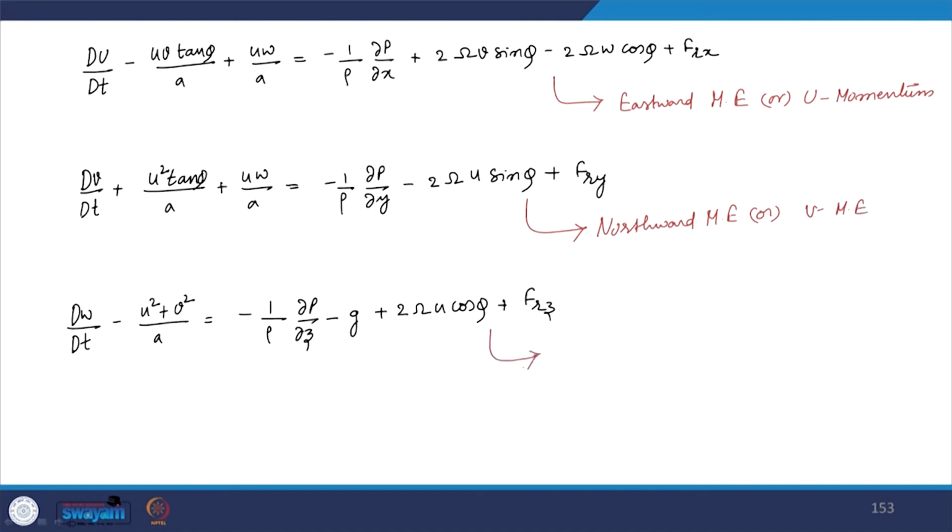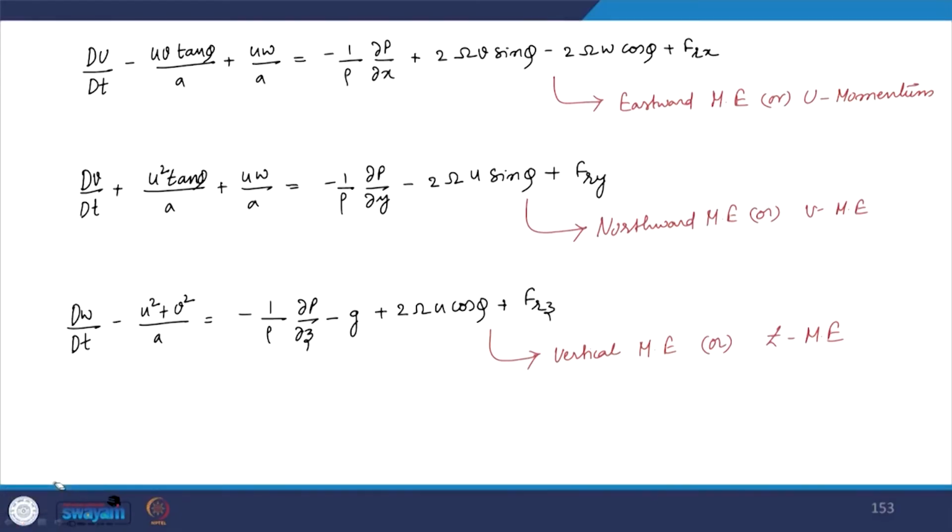The third one is the upward, or more conveniently the vertical momentum equation or the z momentum equation, right. Now, you see these equations are a part of the governing equations. These equations combined with the continuity equation, thermodynamic energy equation, and equation of state form the basis of understanding the atmospheric dynamics. So, if you want to understand how things move in the atmosphere, you have to solve these equations.